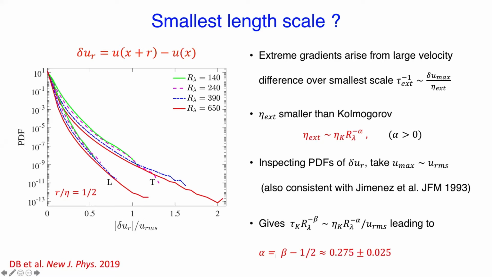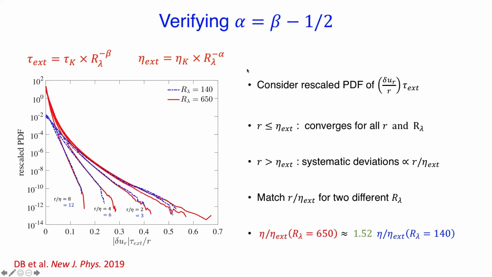This factor of half comes from the ratio of URMS divided by the Kolmogorov velocity, which goes as R lambda to the power half. So this gives us alpha as the value of 0.275, and this can be verified in a very neat manner.